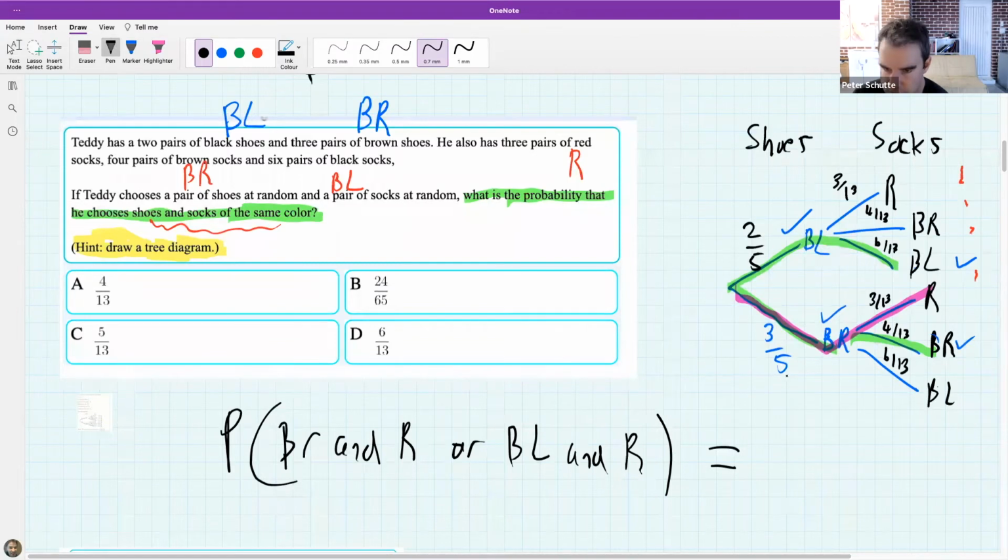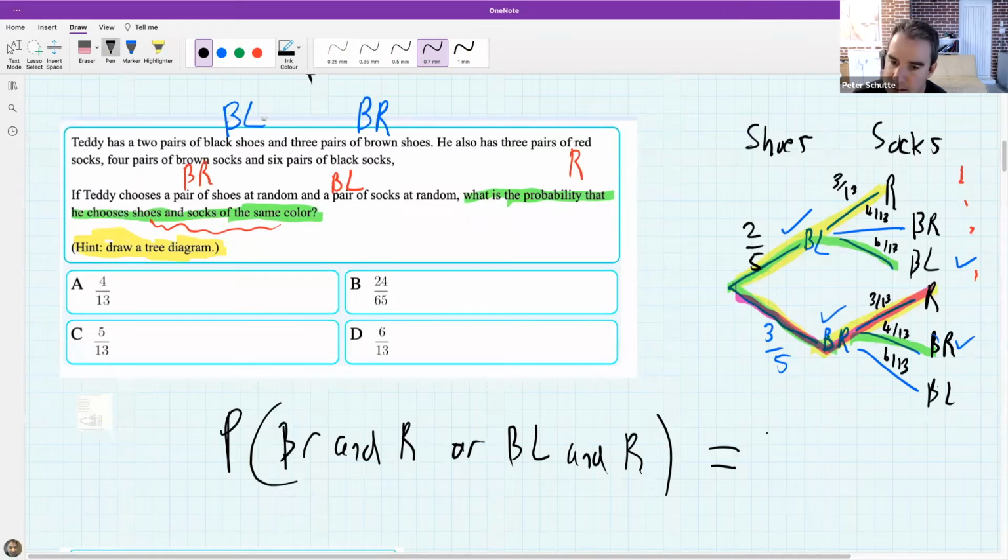In this question, what I'm asking about is, if I'm choosing shoes and socks and I want to know the probability of having red socks, the only two branches that are going to be relevant for me are this branch over here and that branch over there. So what am I going to do to get the probability of having red socks as part of the final thing?